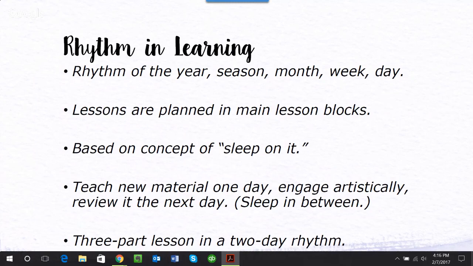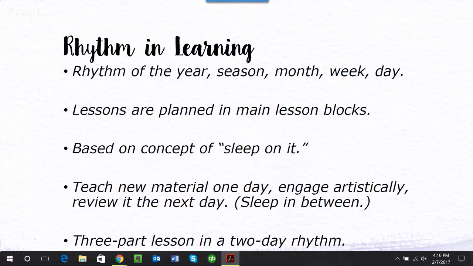And Steiner's idea of rhythm was very much based on this concept of sleep on it. So you've heard that before, like you learn something new and then let's sleep on it, or you're not going to make a decision until you sleep on it. And we can use this concept as we're looking at planning our lessons.